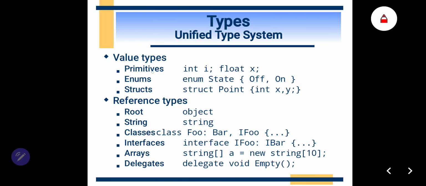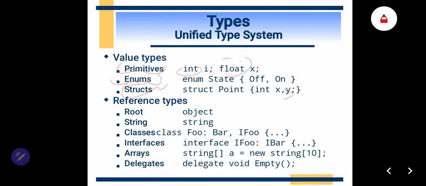Value types you can see on these: primitives, enum, struct, and for reference types like object, string. For example, value types: integer, float, enums such as state, off, on, and struct such as point, x and y.